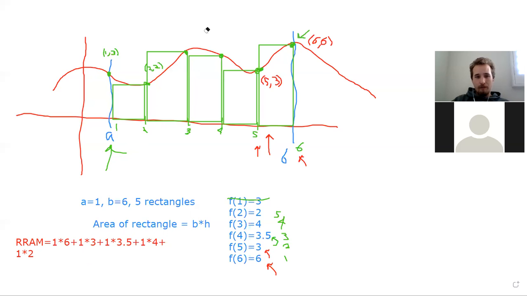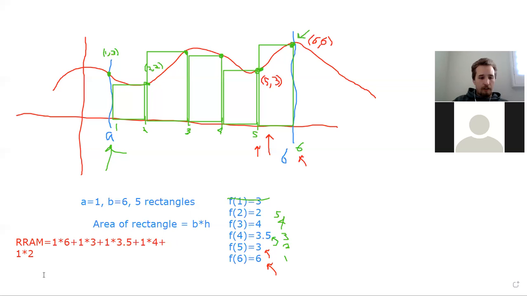Because if we take the fifth rectangle, which is f of 2 is equal to 2, and we go here, we get our last rectangle, and we don't need the last point. So that's why it's crossed out.